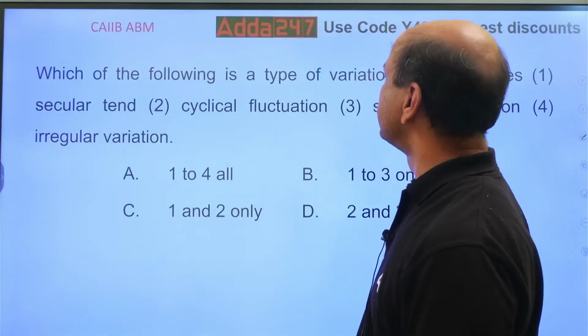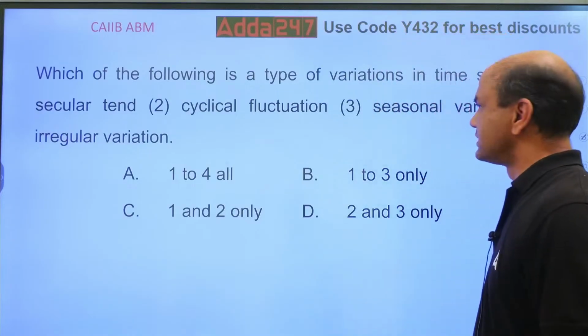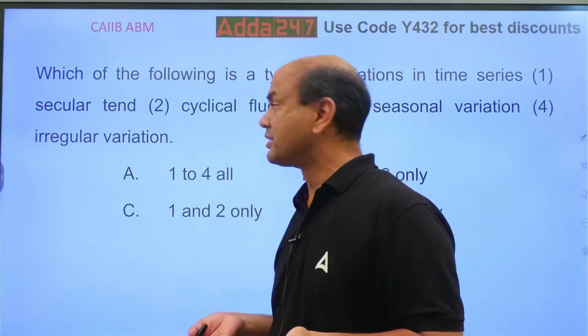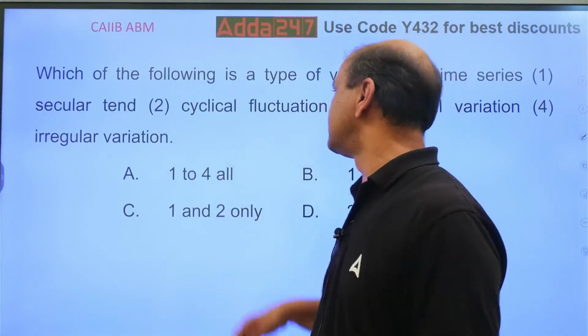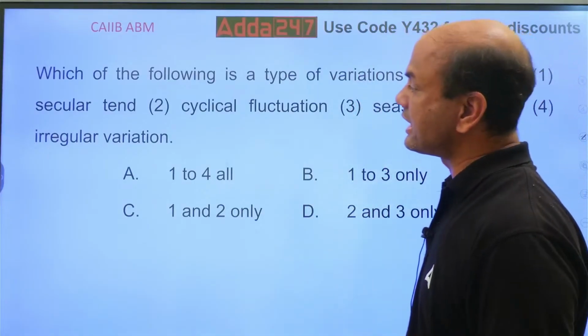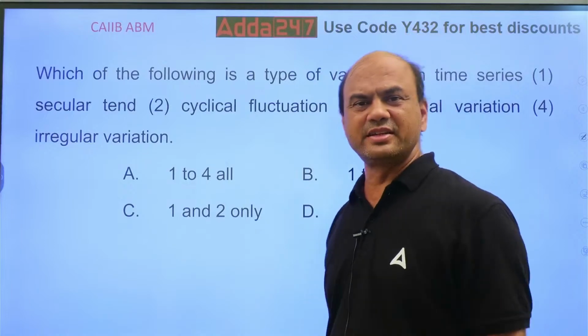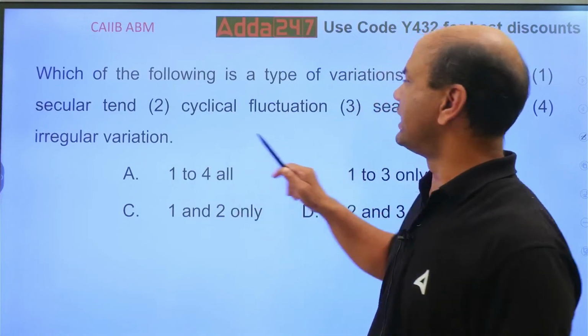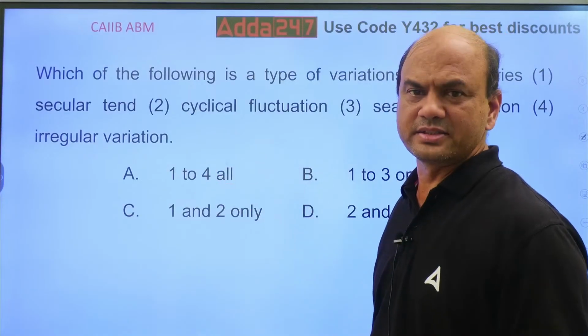Which of the following is a type of variation in time series? Is it secular trend, cyclical fluctuation, seasonal variation, or irregular variation? Just now I have answered this. Secular, cyclical, seasonal and irregular: these are the 4 variations.